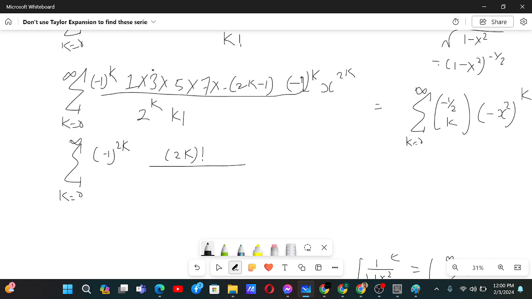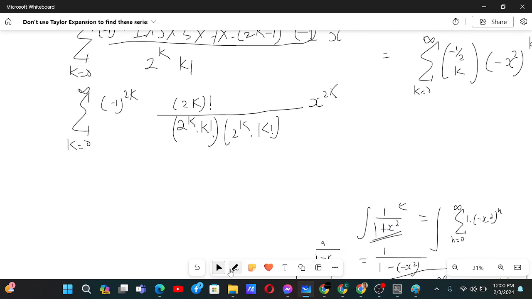Basically we can take 2 common out from all those terms, so we will have 2 to the power k common out, as well as 1, 2, 3 and so on, which is k factorial. So this expression will be 2 to the power k times k factorial, and also we already have one such thing, 2 to the power k times k factorial. And then x to the power 2k.